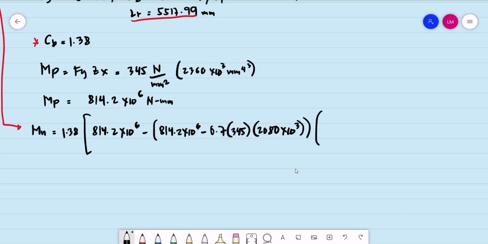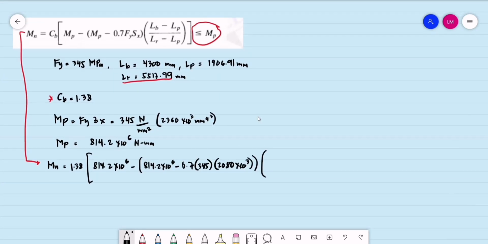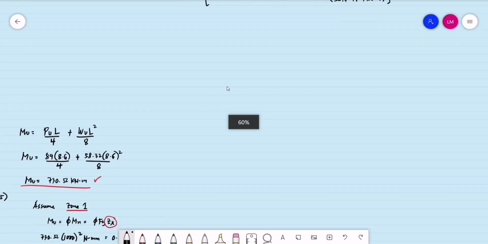Then to be multiplied by the ratio of LB minus LP, we have 4,300 minus L sub P, which is 1,906.91, then to be divided by the LR, this is 5,517.99 less 1,906.91. So I'll just be double checking these values for the value of L sub R and L sub P.